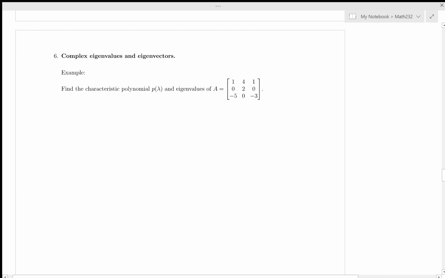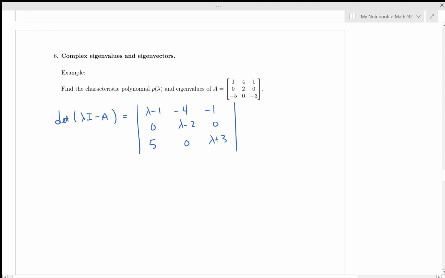So we do what we're going to do every time. We take the determinant of lambda I minus A, and this is when I'm going to stop putting in all of the steps every time, because you can do this in your head after you've done it a few times. Maybe stop the video right now and compute the eigenvalues of this matrix yourself. See if you agree with me.